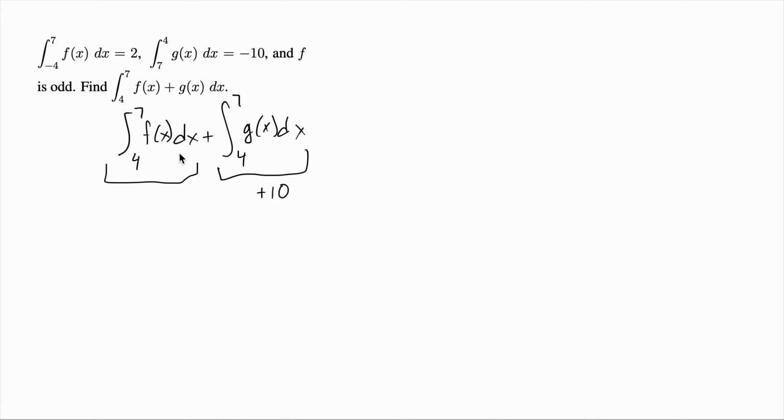Now what about for f? Okay, let's see. We're going 4 to 7, but we're given information from -4 all the way to 7. But luckily enough, we actually know something. The full integral from -4 to +4, since f is odd, is going to be 0.